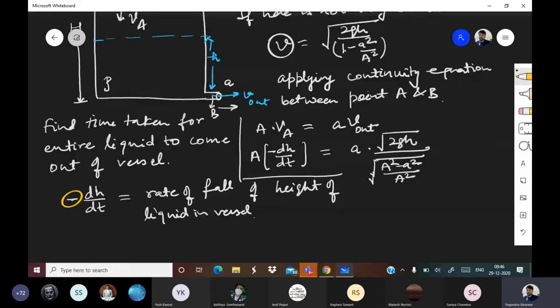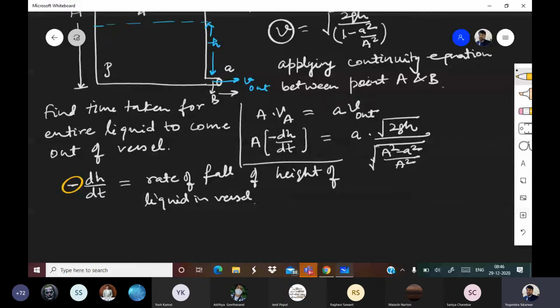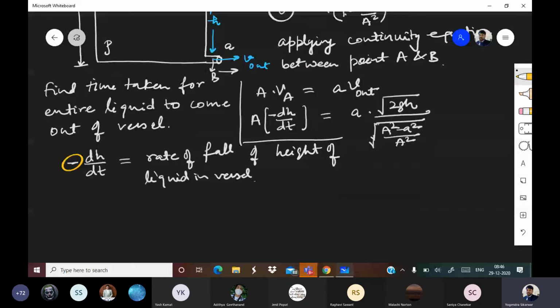Because height of liquid in vessel is falling, that's why minus of dH by dt is the velocity of point A, right? If you have understood this much, then the question is now almost over. Let us see further.